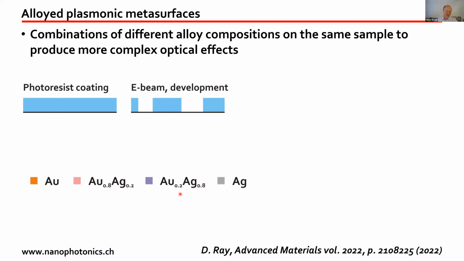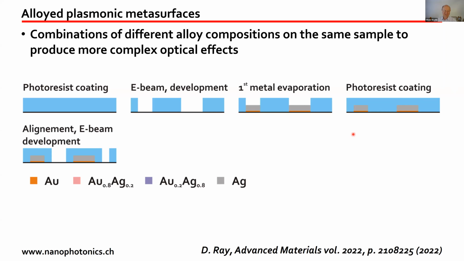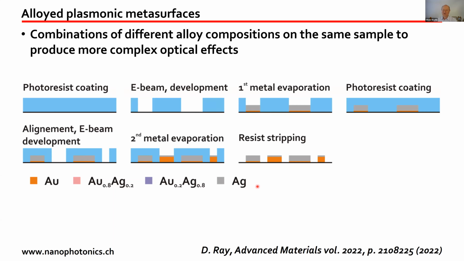And we have written the nanostructure one after the other. First, putting, say, 20 nanometer gold, 80 nanometer silver, then starting again, putting again photoresist, making sure we align, writing the voids for the next structures, evaporating the second metals, say now 80 nanometer gold, 20 nanometer silver, removing the resist and doing all together the final annealing.